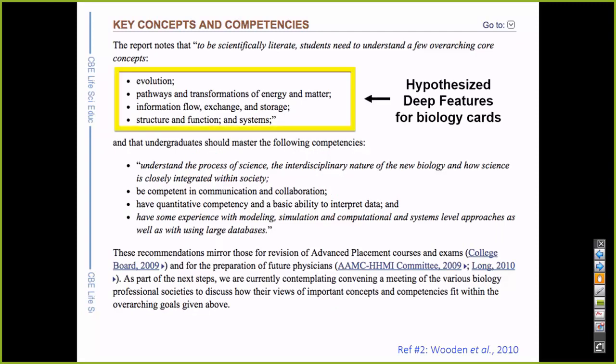So here were the hypothesized deep features they used for this card sort task. Evolution, people mentioned. Pathways and transformation of energy and matter, I heard some people say things like this. Information flow, exchange and storage, and structure and function in systems, right?